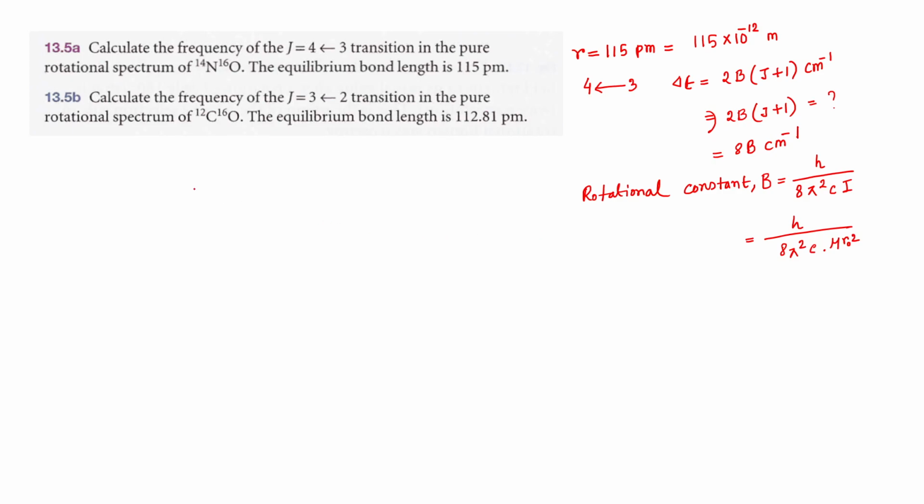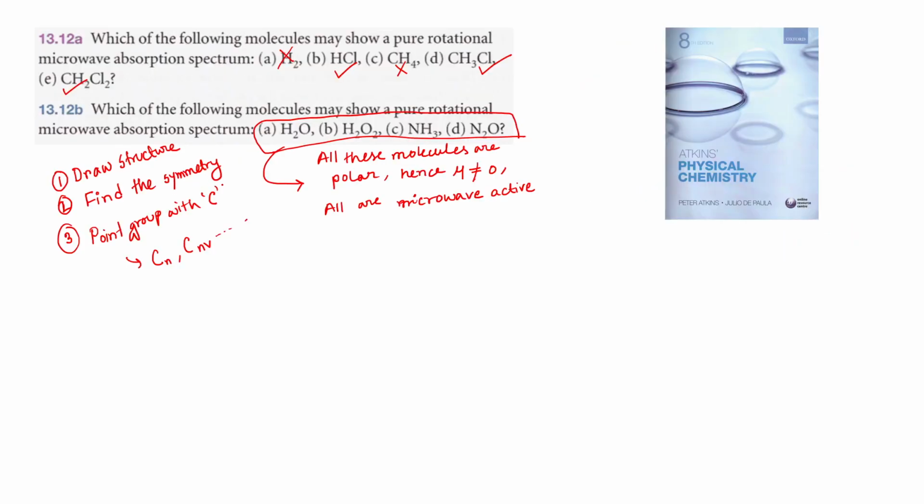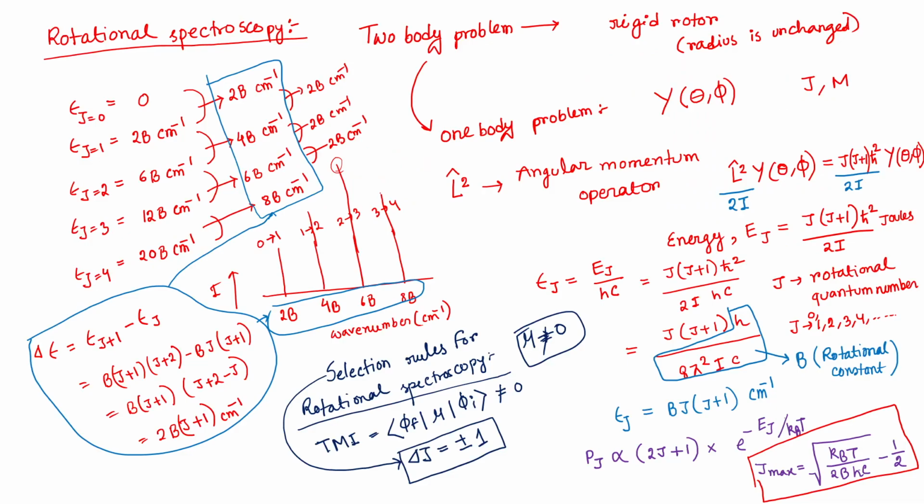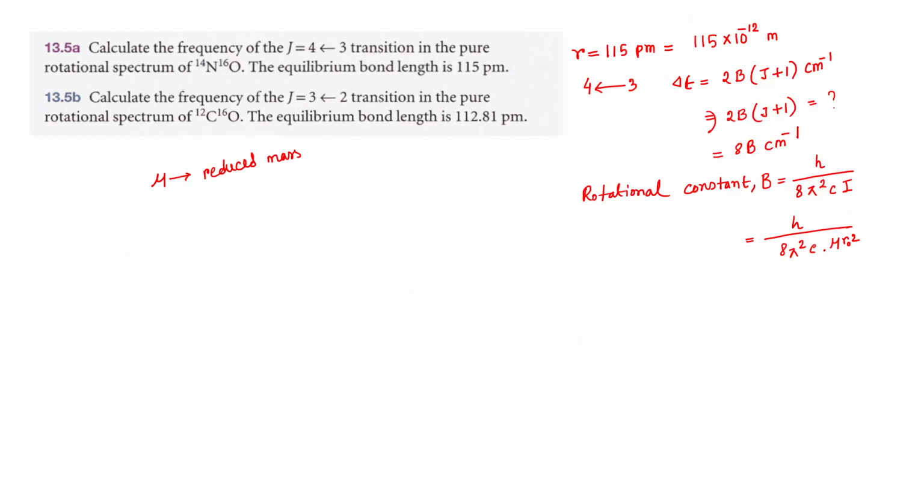Mu here is not your dipole moment, mu is the reduced mass. I didn't mention it here. So reduced mass, which is, actually your mu is m1 m2 by m1 plus m2.